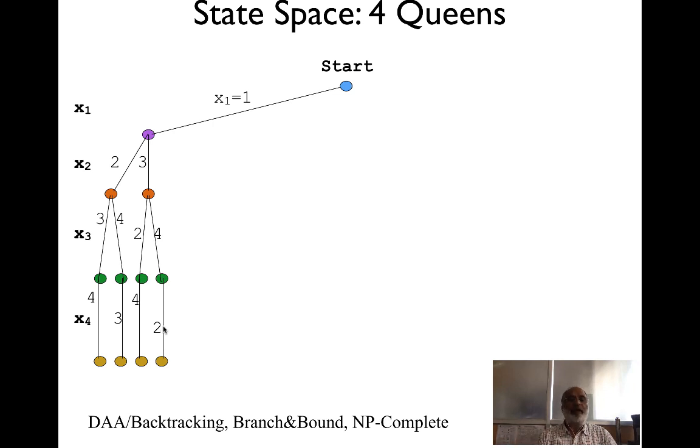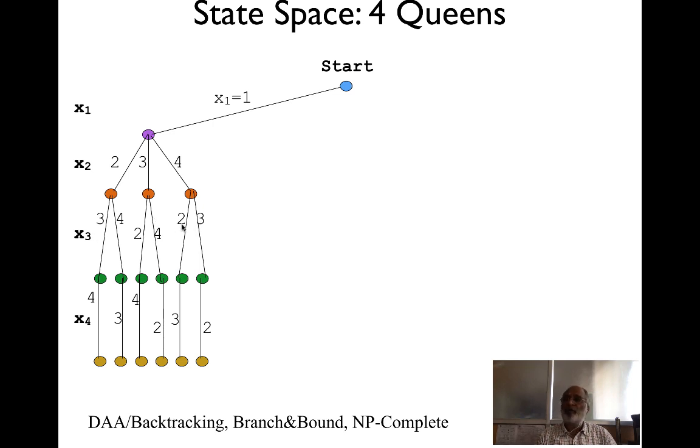We can further backtrack and take another possibility, backtracking to variable x2, that is column 2. That means queen 2 can go to row 2, row 3, or row 4. If it goes to row 4, x2 takes value 4. When x2 takes value 4, since row 1 and row 4 are taken, the only possible choices for x3 are value 2 or value 3.